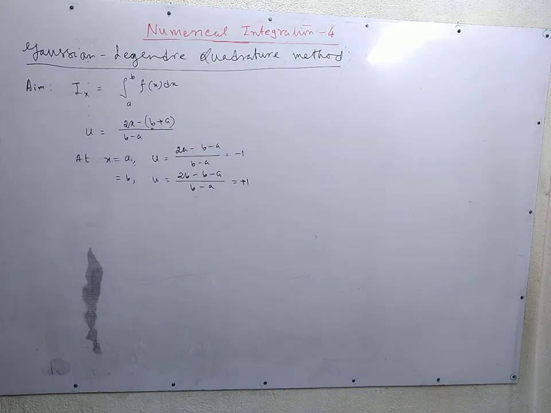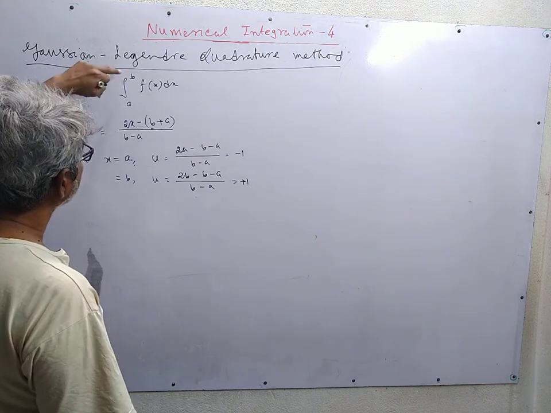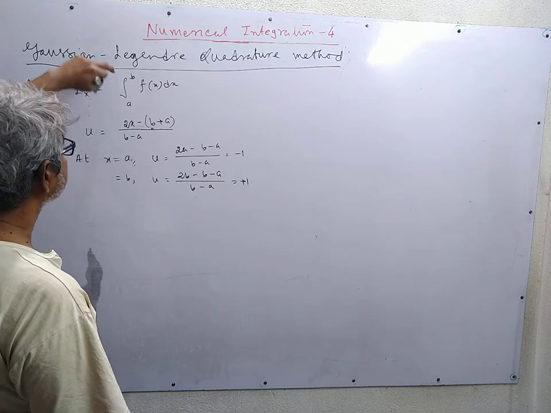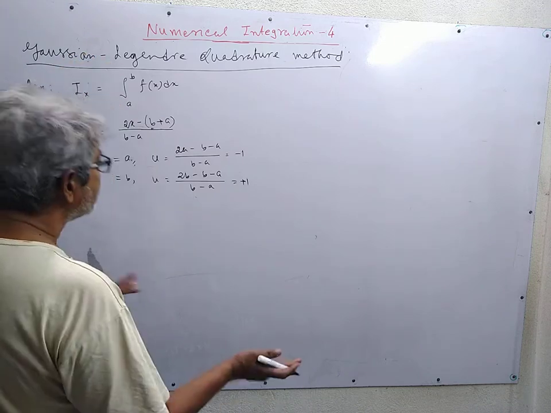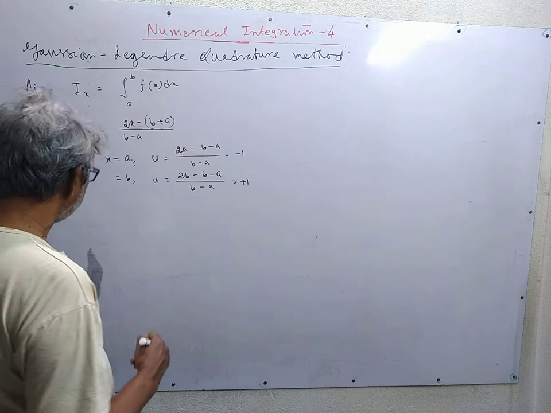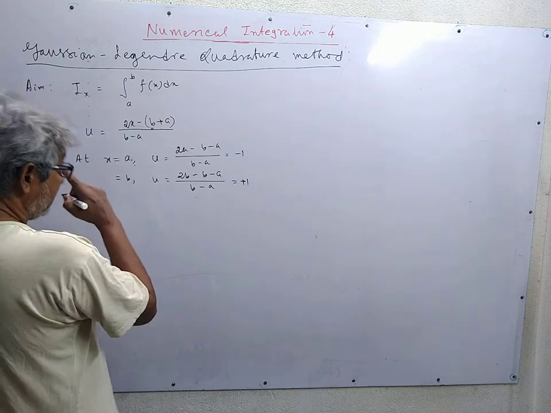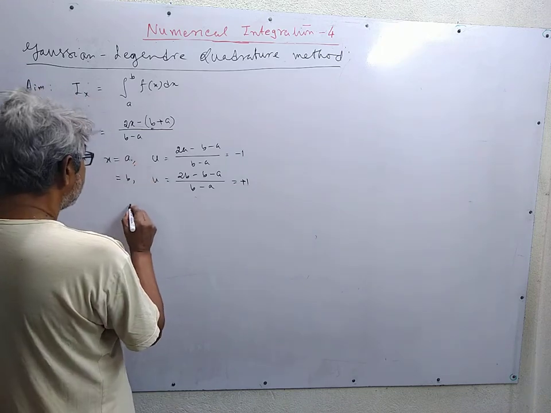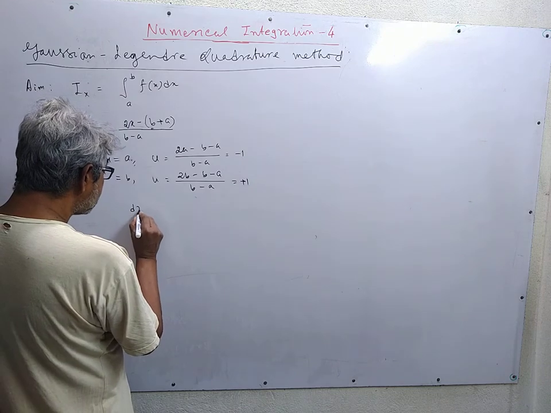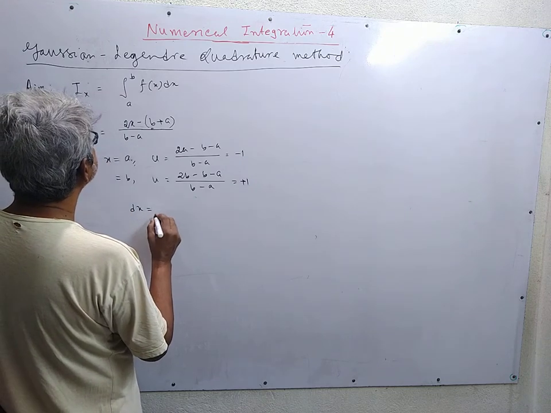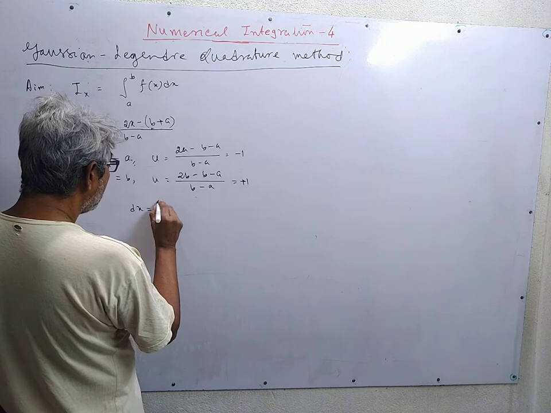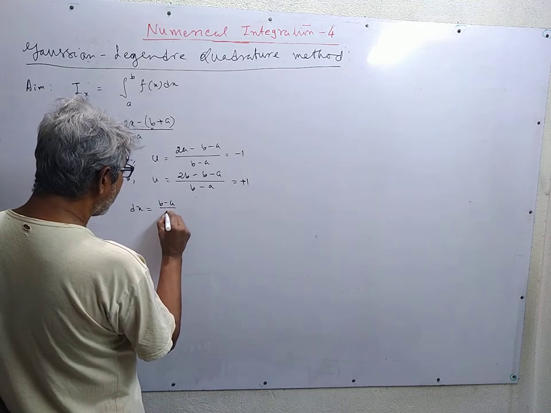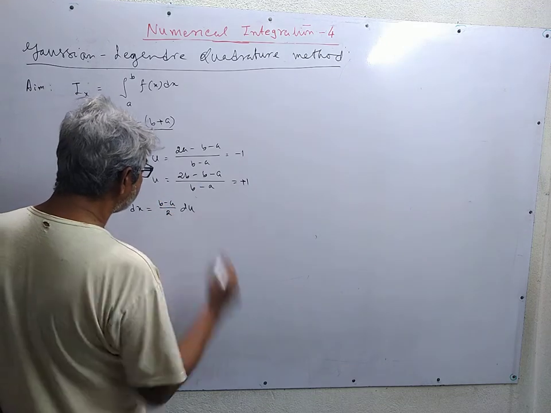So with this substitution, we could change the interval from minus 1 to plus 1, that is, we recast the integral in its dimensionless form, and dx is simply replaced by b minus a by 2 du.